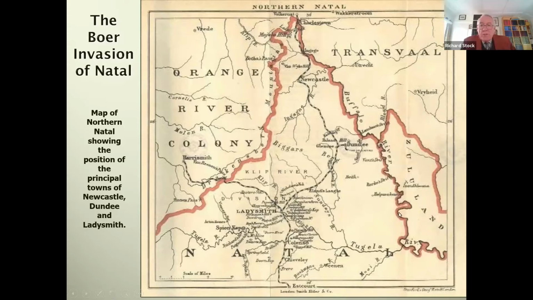So it immediately gives the viewer a mental picture of what happened and the difficulty of defending that almost triangular piece of territory with fewer troops than those who were invading.